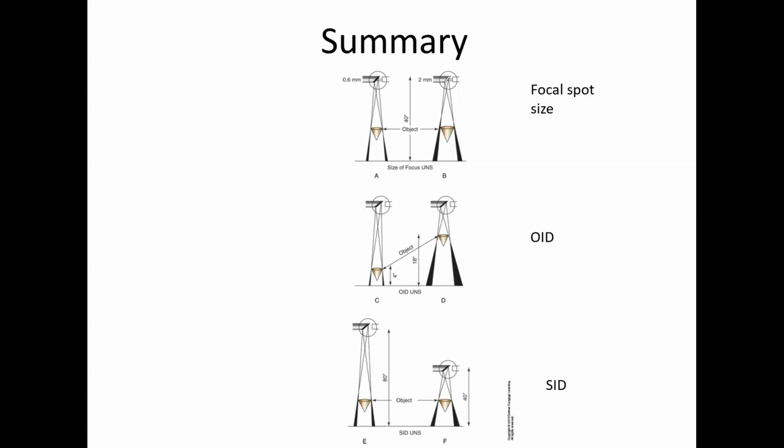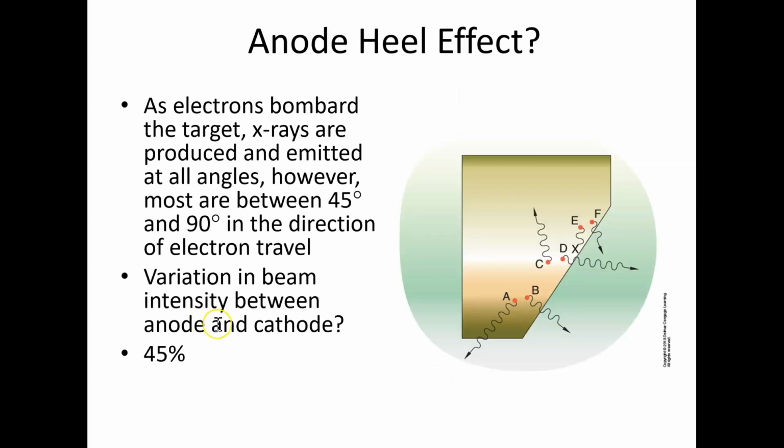Now, there is a side effect to the line focus principle, and that is the anode heel effect. Because we want a sharp angle on that anode to have a smaller effective focal spot, we end up with a portion of the anode, the heel part right here, absorbing some of the photons that are created.